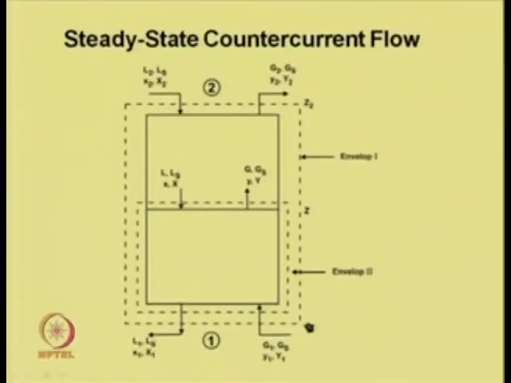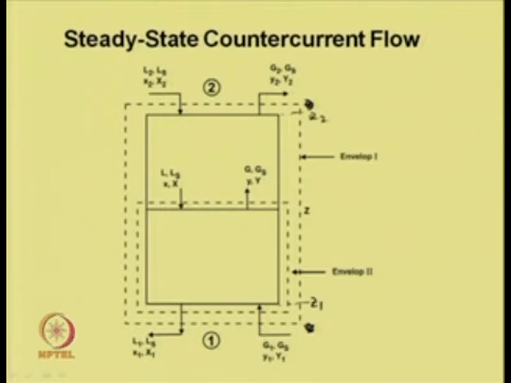So, this is the location at Z1, this is some intermediate location, any plane, and this is at location Z2. At 1 the gas flow rate is G1, Gs is solute free basis, and small y1 is the mole fraction and capital Y1 is the mole ratio basis. So, this is the nomenclature which is given.